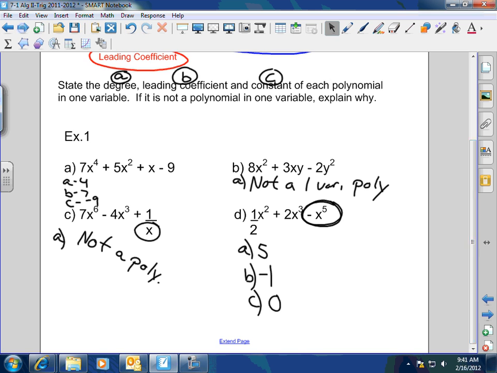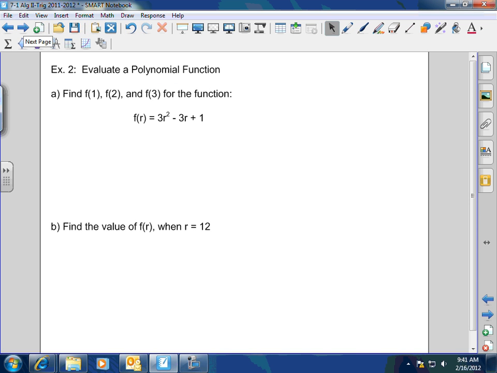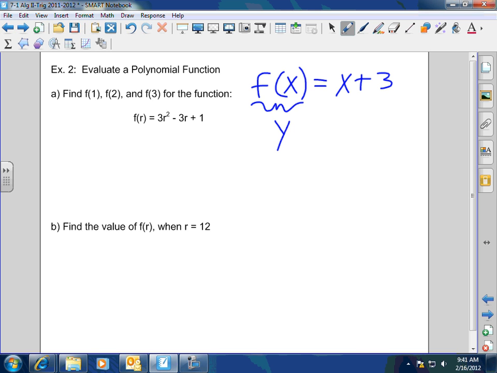Excellent job. Okay. Now, when we're talking about evaluating, this is old school stuff already. This is Algebra 1. Evaluating just simply means plugging in, substituting. They're giving you some function. Remember, function notation, don't be scared of it. When you have f of x equals whatever, x plus 3. Remember, f of x is just a fancy way of saying y.